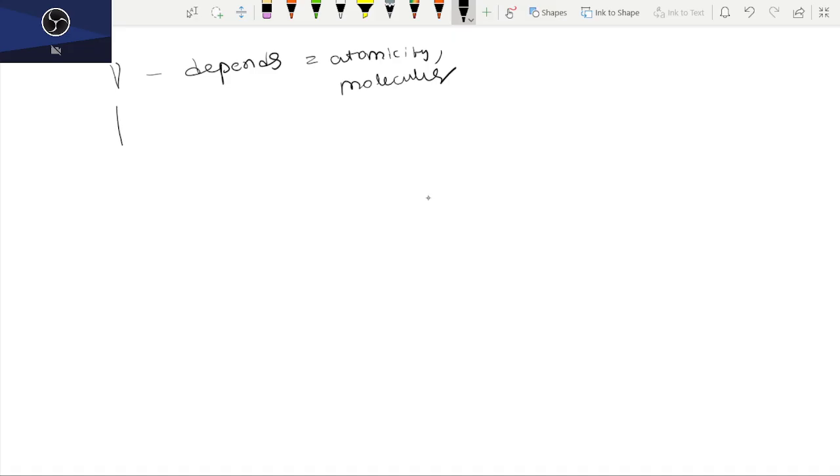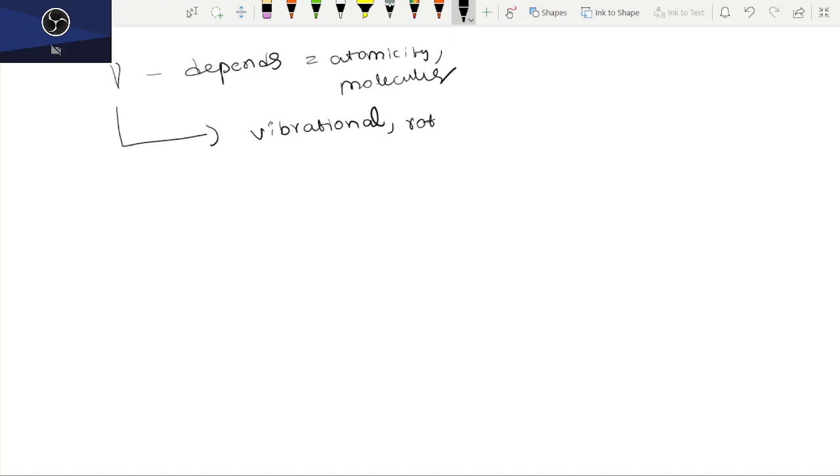This lambda value also depends upon vibrational energy, that is, when a vibration occurs, how much energy is produced.